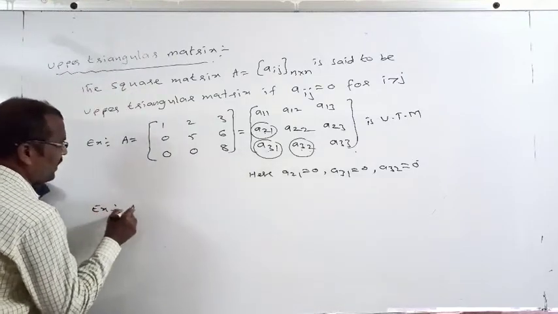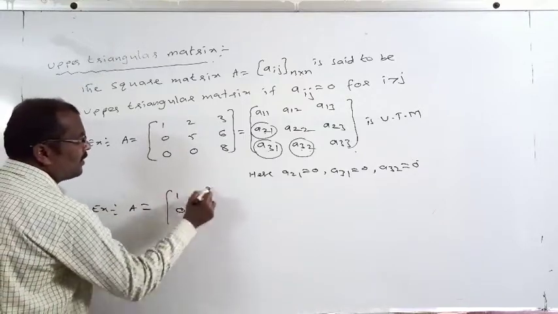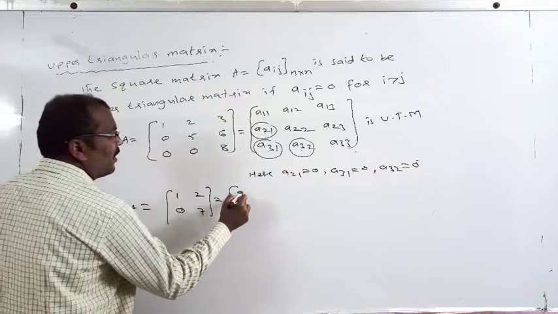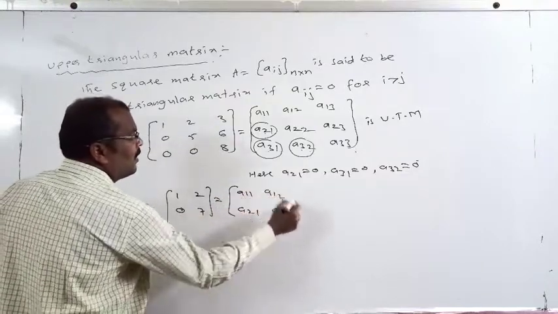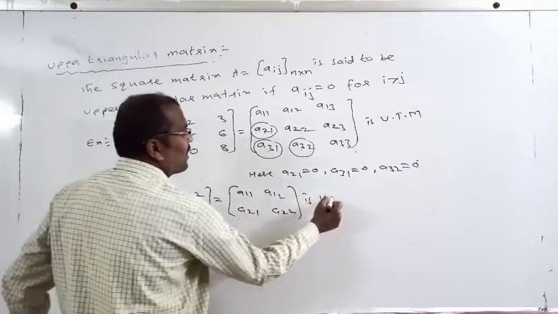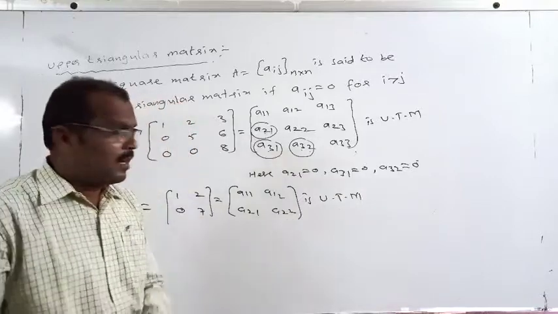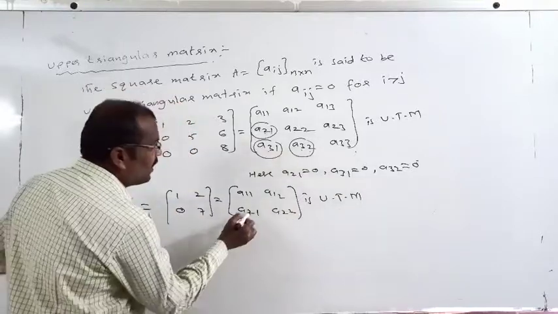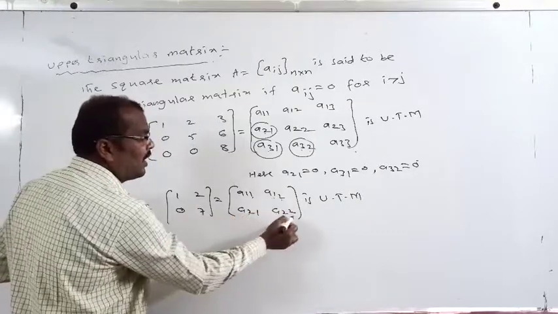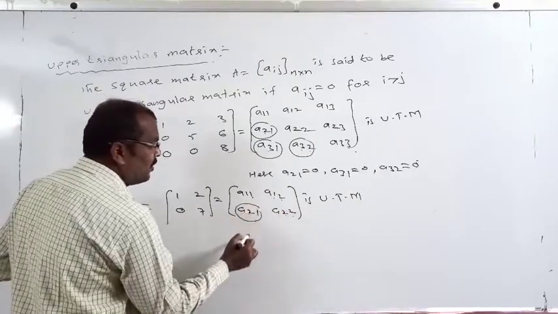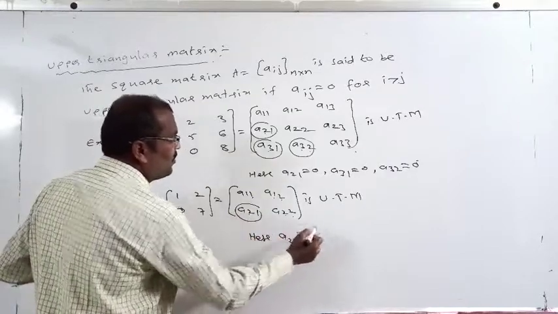Now, one more example. If I take a 2 by 2 matrix, 1, 2, 0, 7, with a11, a12, a21, a22, it is also an upper triangular matrix. Don't be confused. See here: i equal to j, i less than j, i greater than j, i equal to j. So a21 must be equal to 0.